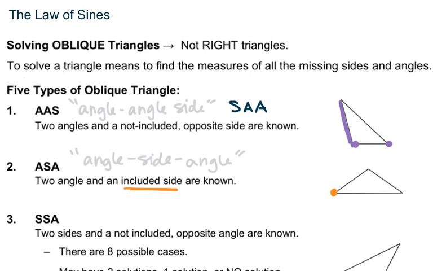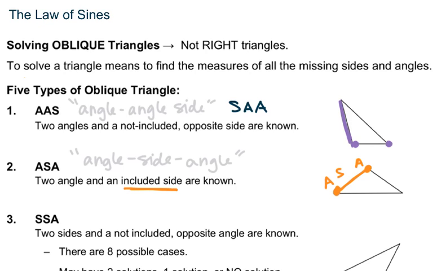In this situation, we might have angle, side, angle. You see, I go angle to side to angle. It could happen on any side. Here I could have angle, side, angle. All right, so angle, side, angle is a type of triangle.